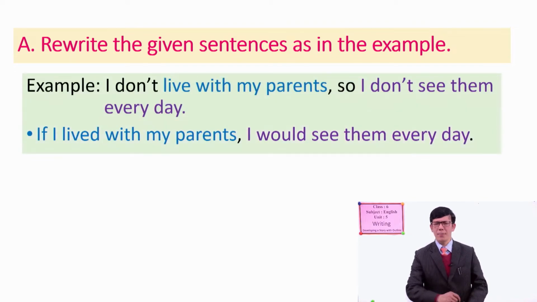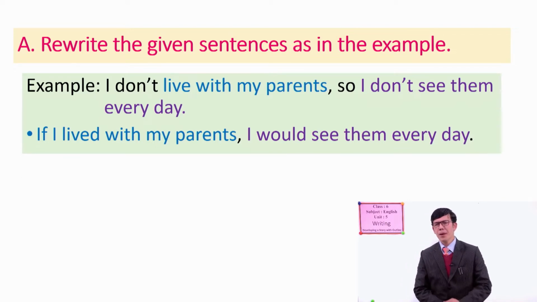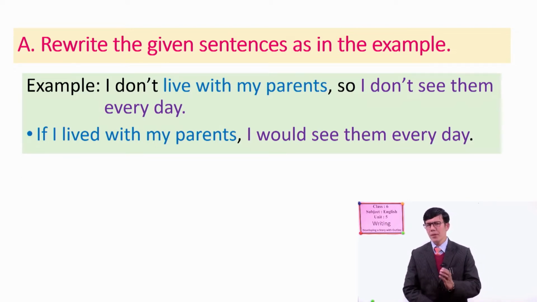Let's see the example, everyone. I don't live with my parents, so I don't see them every day. This is one example, but how you have to rewrite this sentence is: if I lived with my parents, I would see them every day. Look at the if clause and the main clause.